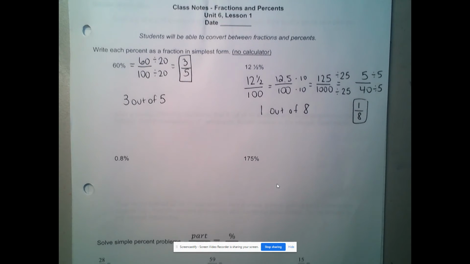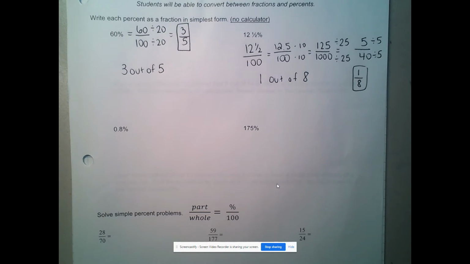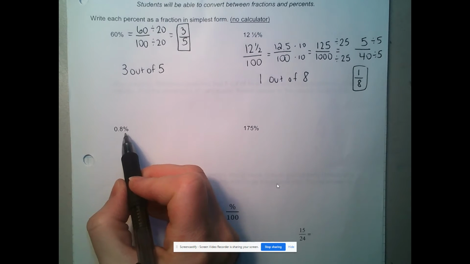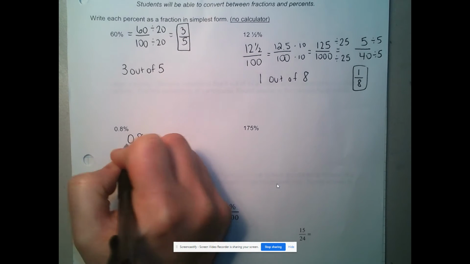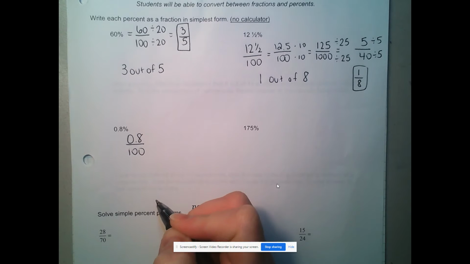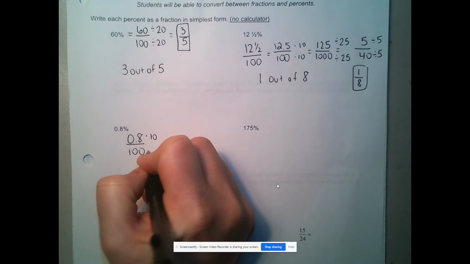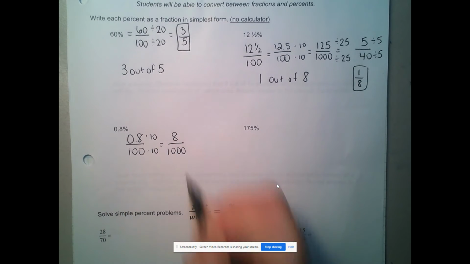Now, sometimes your percent is less than a percent. Sometimes you have so few things that fit the category that it's less than a percent. So in this case, we've only got 8/10 of a percent. So that's less than 1 out of 100. So we're going to say it's 0.8 out of 100. And we're going to use that same strategy to get rid of that decimal point. We're going to multiply by 10 and say that's the same as 8 out of 1,000.